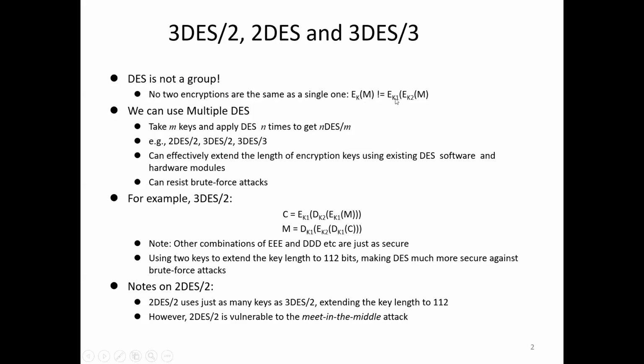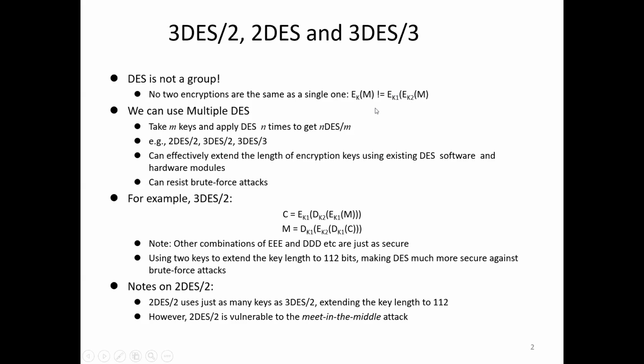keys K1 and K2, you apply DES twice. You use K1 first, get a result, and apply DES using K2, and so you get a ciphertext. Then for any K1 and K2, you cannot find any K such that applying DES once, you get the same ciphertext.